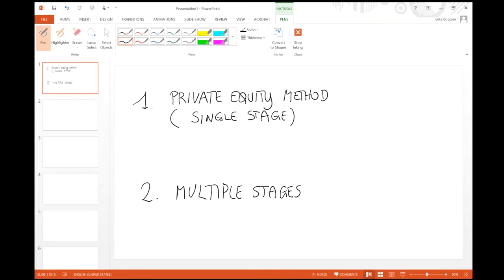So, in a sense, what we are going to discuss is essentially a session where I will start from a very basic application, the single-stage private equity method, and then I will complicate the story a little bit with multiple rounds of financing: round A, round B, round C, as long as time goes on.